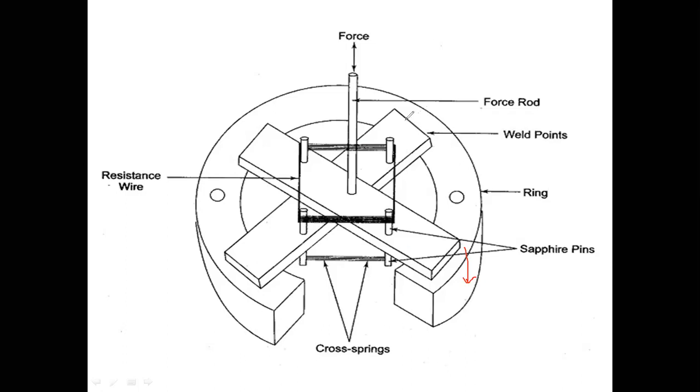Because it will strain a lot for a given pressure or force, such that its dimensions are changed and resistance will change ultimately. So if I take these materials to construct this strain gauge.